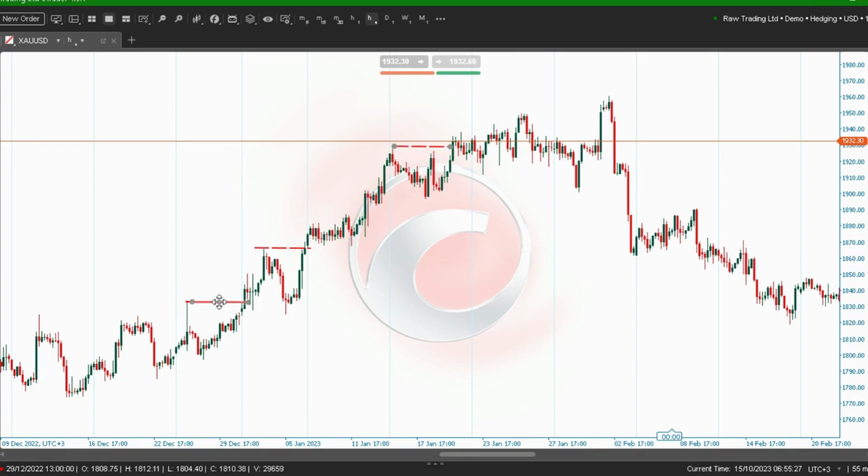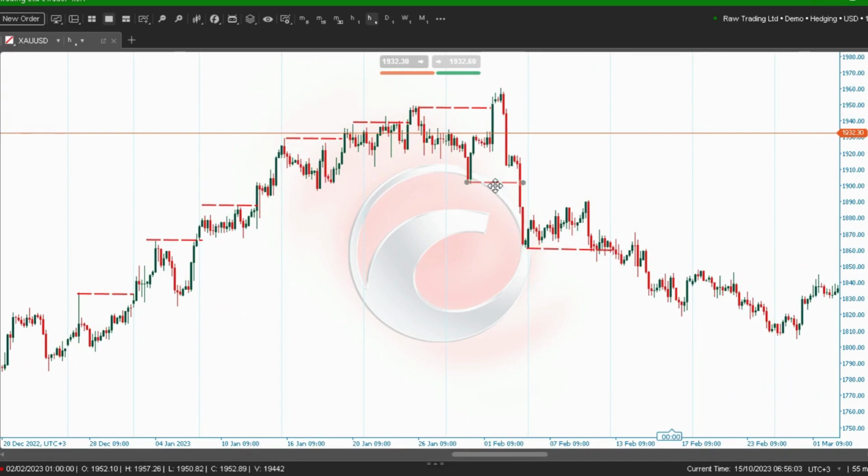There was a small break of structure there, and another small break of structure there, and there was also a break of structure there, and there we have change of character. Okay, and here we have a break of structure.